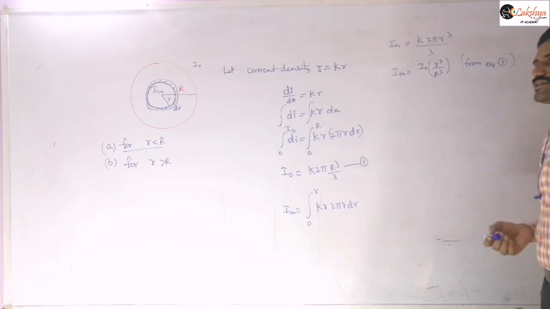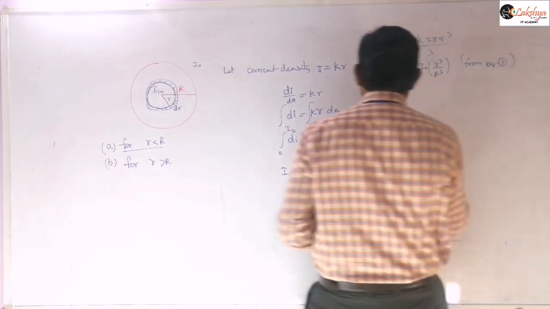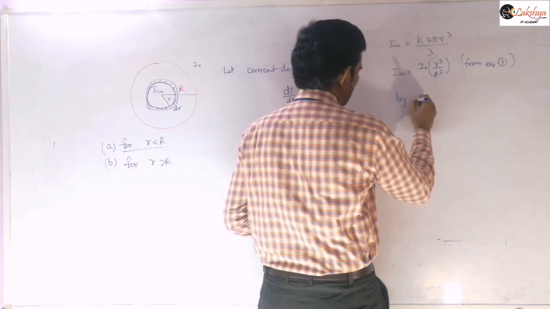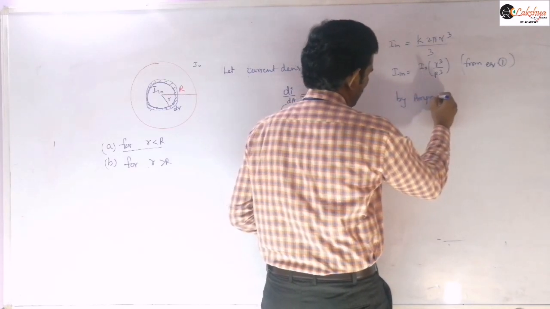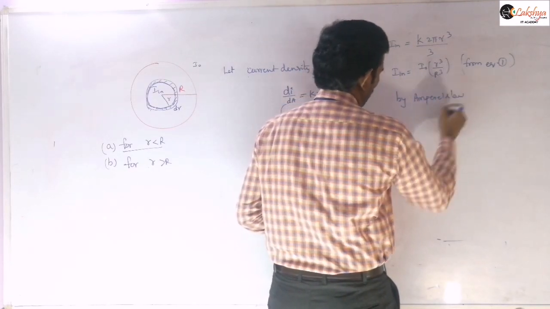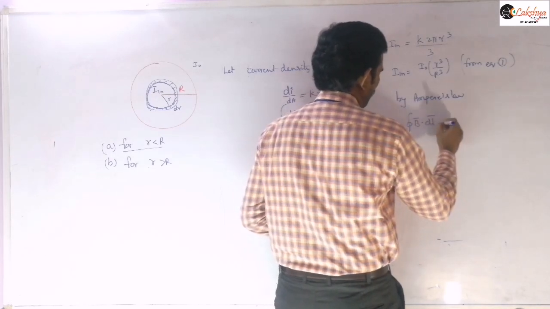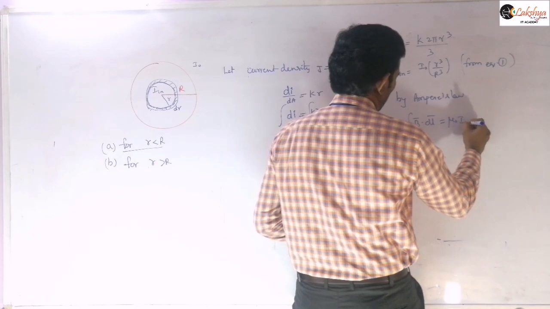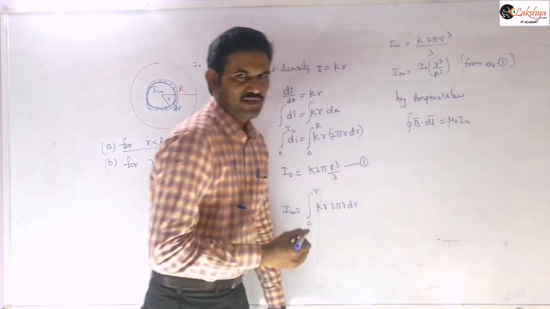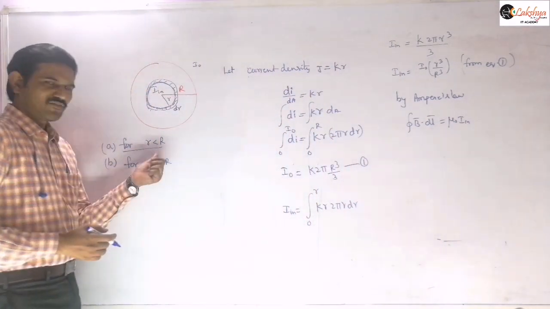Now let us apply Ampere's loop here. By Ampere's law, the integral of B dot dl is equal to mu naught times I_in, because I am calculating first for this case.